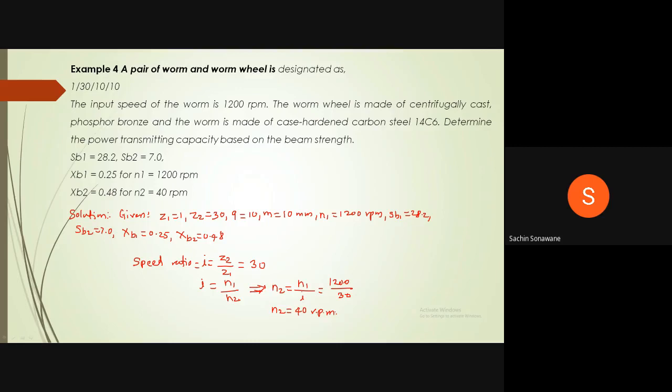Now we have to find out the pitch circle diameter of the worm wheel. D2 is equal to M into Z2, which is 10 into 30. Therefore, D2 is equal to 300 mm.